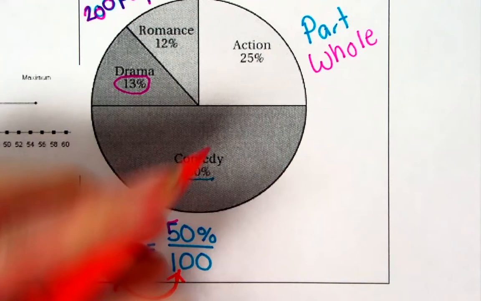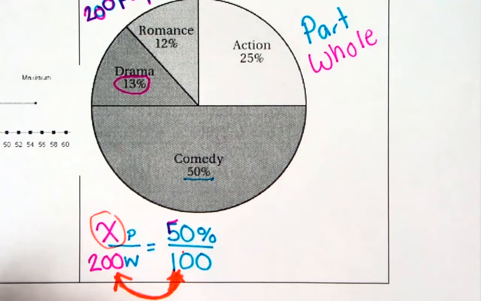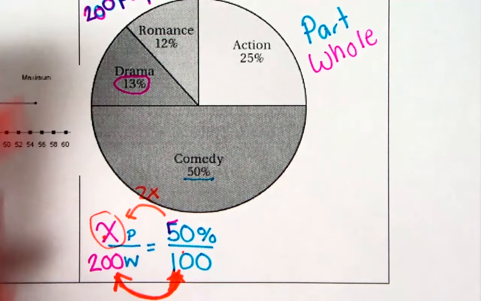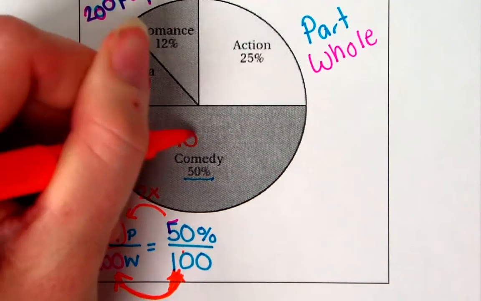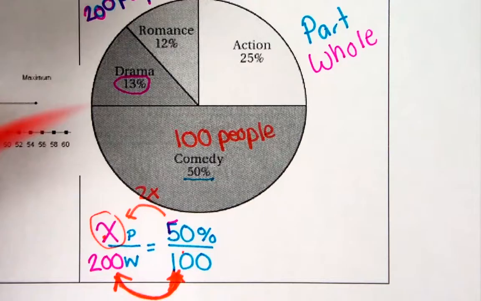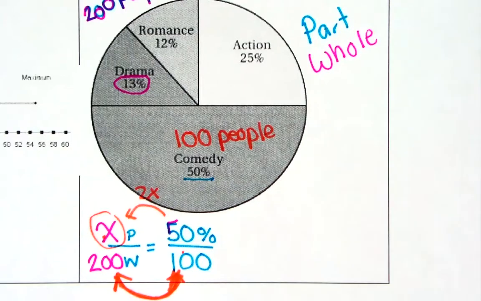Okay, so our part, we don't know the part. We don't know the actual number of students that voted for comedy, but we know that it was 50 out of 100. I'll just do that in blue because that is a part. Okay, so then you solve your proportion. You can do cross products, 50 times 200, or there's a really easy shortcut here. How you learned in 6th grade is your rate of change.